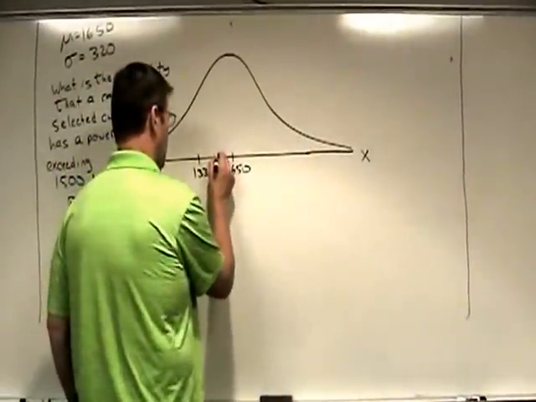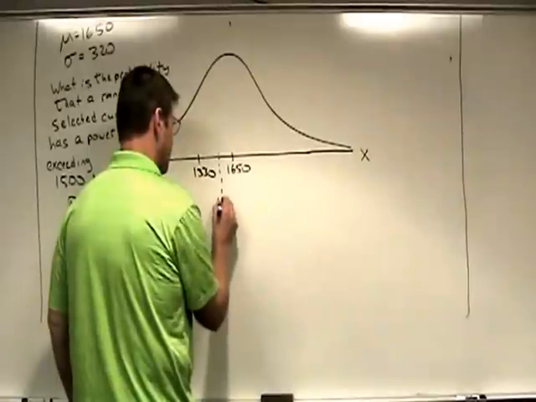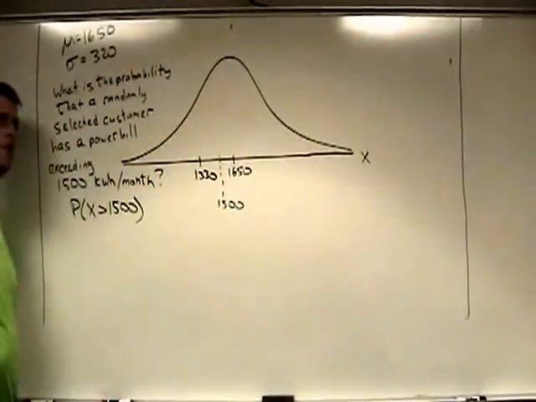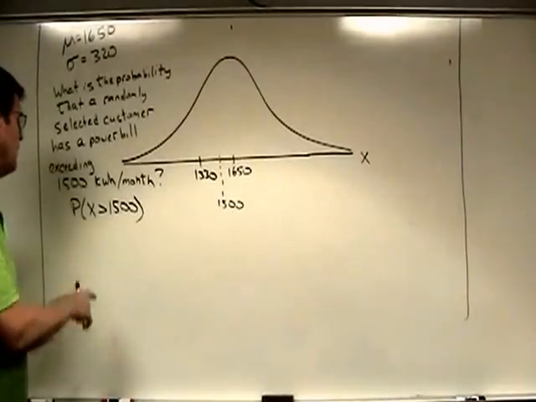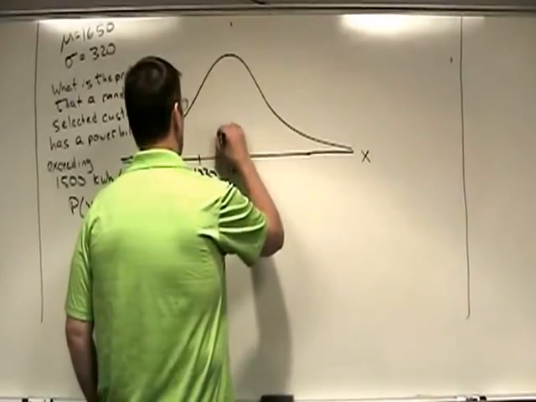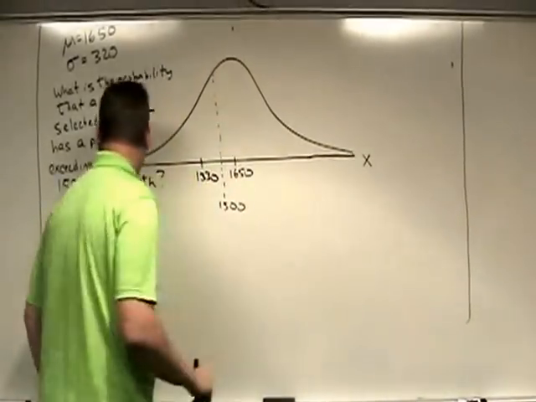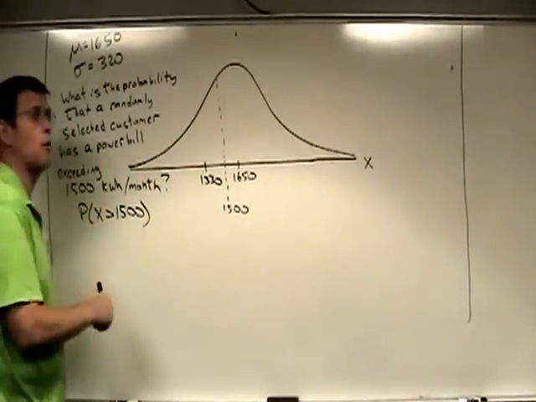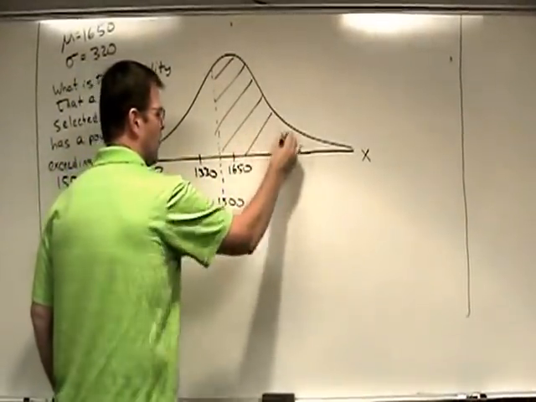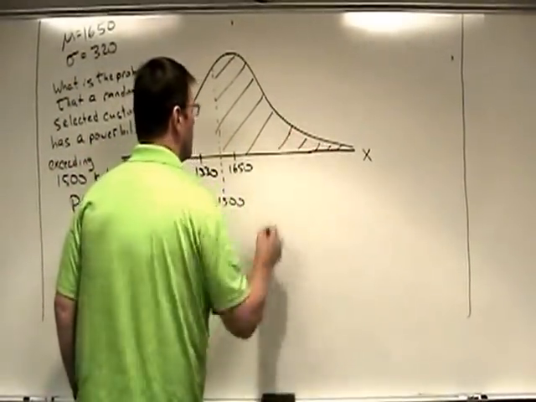So 1,500 may be right about here. And because we're working with a strictly greater than inequality as opposed to throwing in an or equal, we'll have a dashed line up here. And we want the area to the right, which is right there.